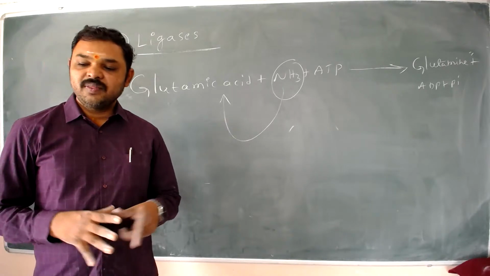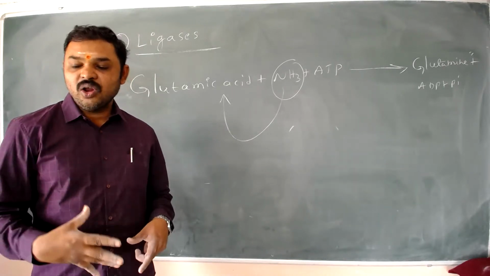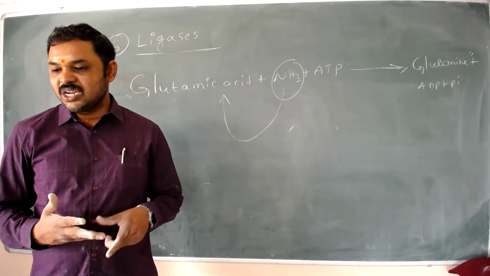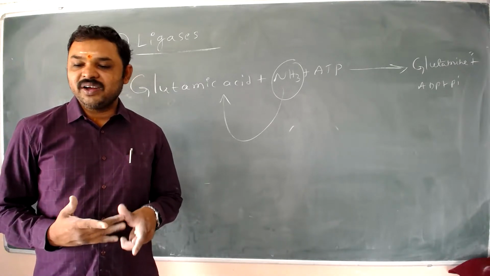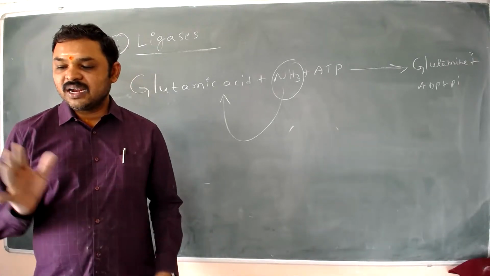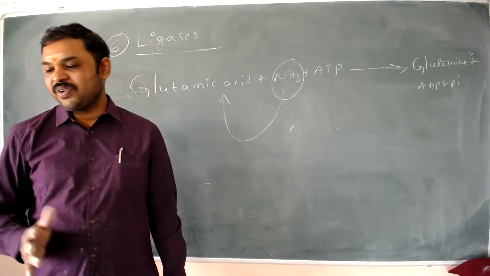Like this, simple and holo enzymes are there. The IUB, International Union of Biochemistry, classified the enzymes into six classes. These are the classes and composition of enzymes.